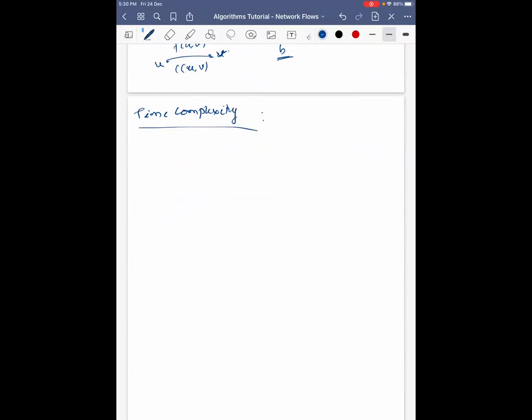So if we look at the result that the minimum cut of any residual graph is decreased by the amount of flow that we've added into it. And this is important because we want a bound on the number of times we would do this linear time graph traversal.